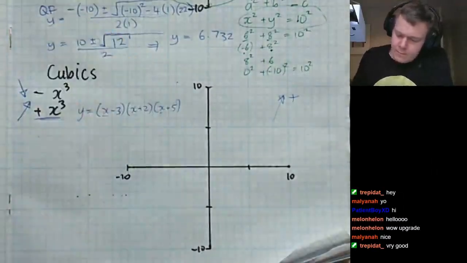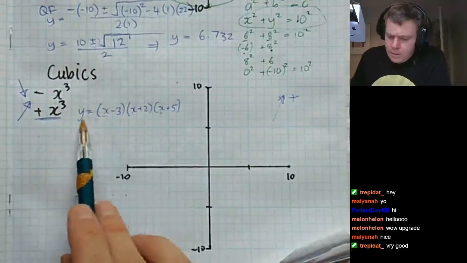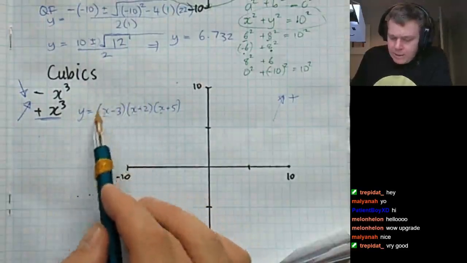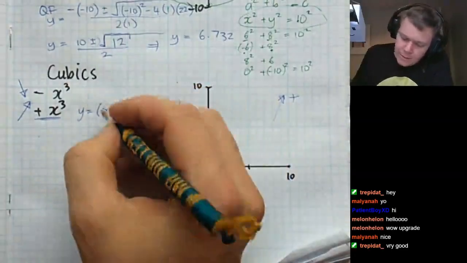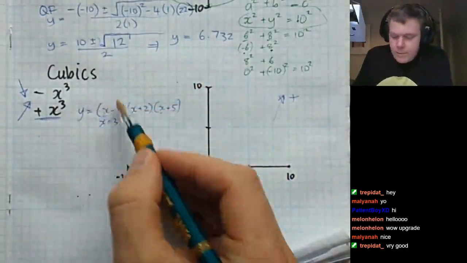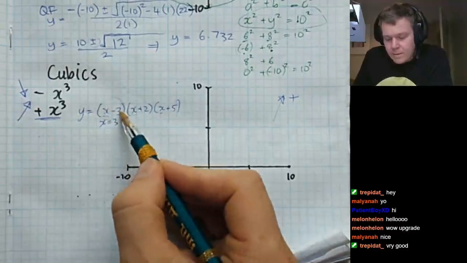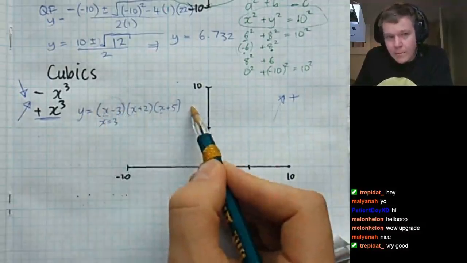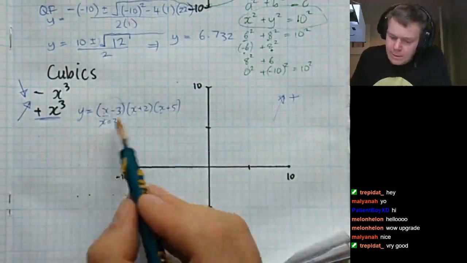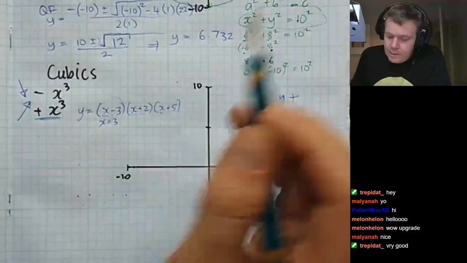So I'll try and do 2. And essentially, if x was equal to 3, then this bracket would cancel out the other two brackets, because 0 times anything is just 0.